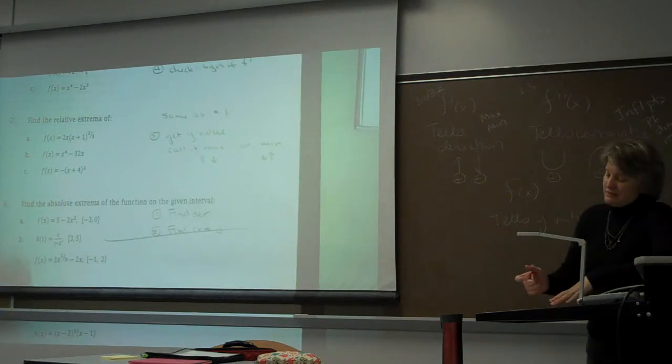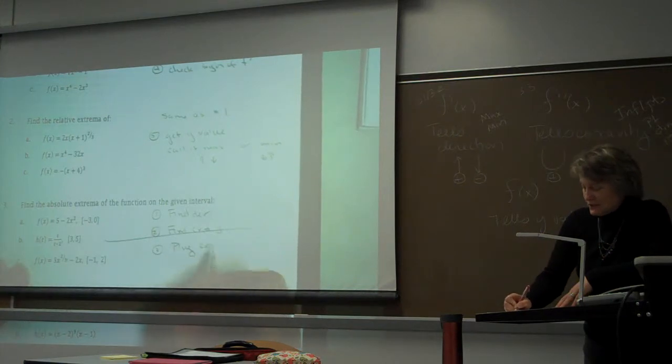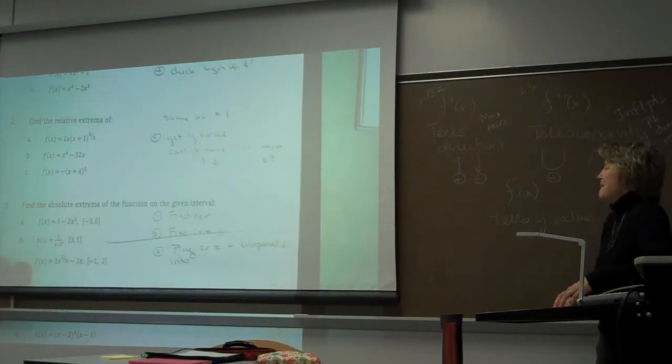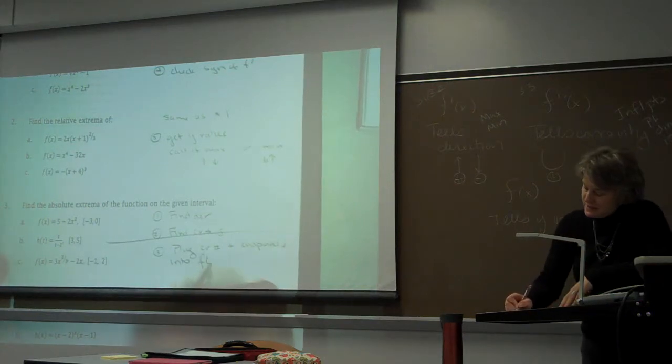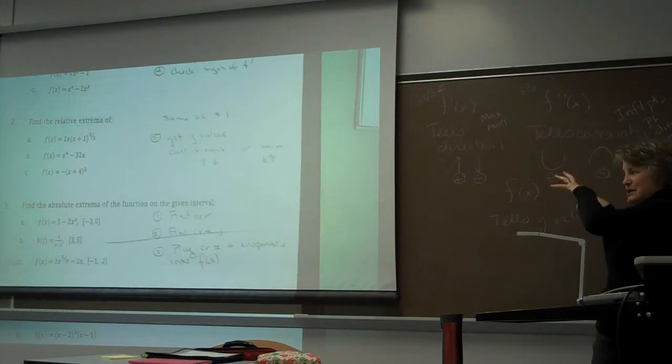But after that, for absolute, you're going to plug the critical numbers and the endpoints into what? No. The original problem. Yeah. Because that's how we started class today with that absolute question.